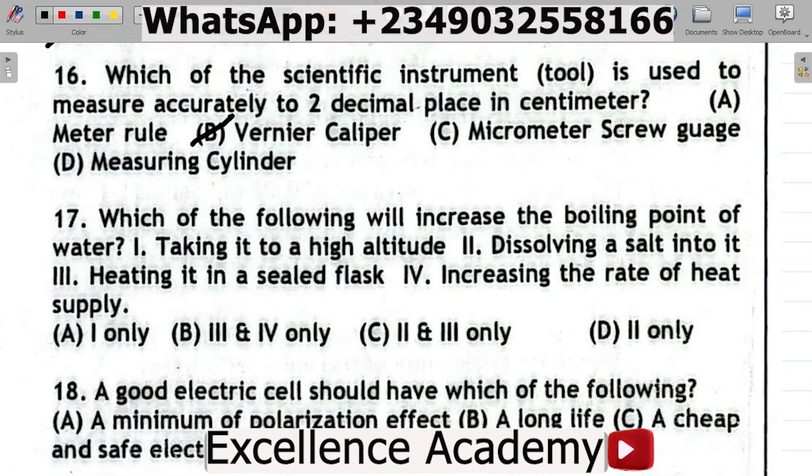III says heating it in a sealed flask. If you heat it in a sealed flask, it might delay, depending on the material used to make the sealed flask, water from getting to its boiling point, but water will eventually get to its boiling point. So heating it in a sealed flask changes nothing. Meanwhile, II says dissolving a salt into it. Now, the correct answer here will be II, dissolving a salt into it.